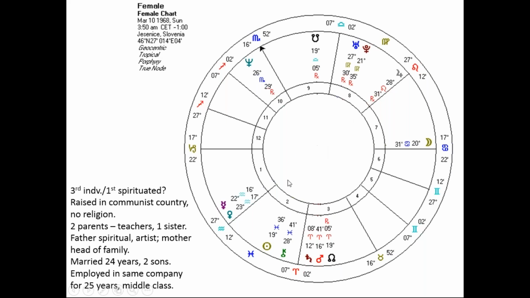What I didn't bring up here that I missed, sorry if I'm swatting little flies, is Neptune square the nodes. These two rulers of the South Node, Venus, Jupiter opposition. Neptune is in there at 26.5 Scorpio, and it's retrograde, and it is square the nodes.